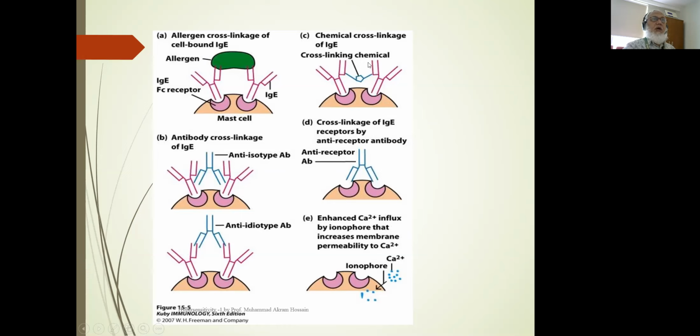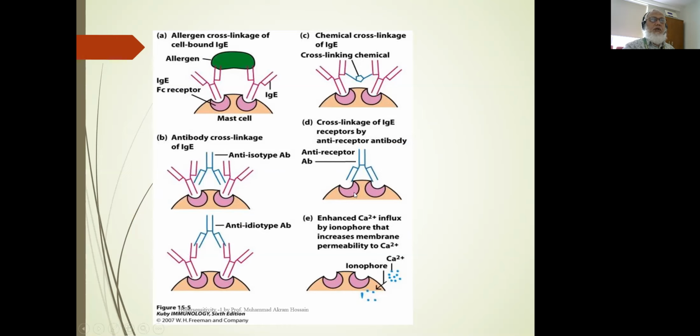C, cross-linkage by chemical. Say any chemical, if it can cross-link these immunoglobulin E bound to the mast cell, that can also lead to mast cell degranulation. Cross-linkage of IgE receptor by anti-receptor antibody.